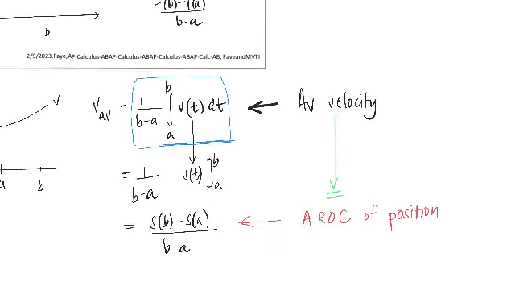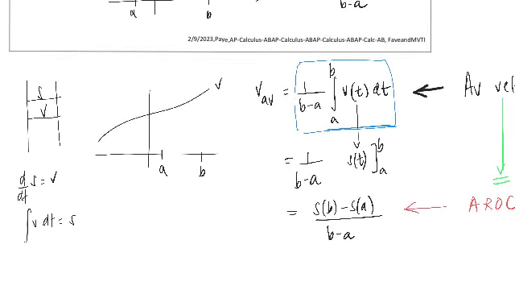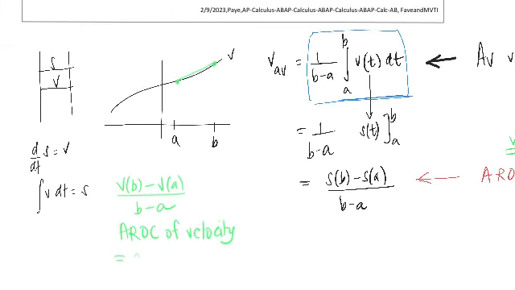But if you did a secant line calculation on a velocity graph, if I did v of b minus v of a over b minus a, then this is the average rate of change of velocity, which is the acceleration. So we just want to keep these things clear in our minds. Okay, let's move on to another example.